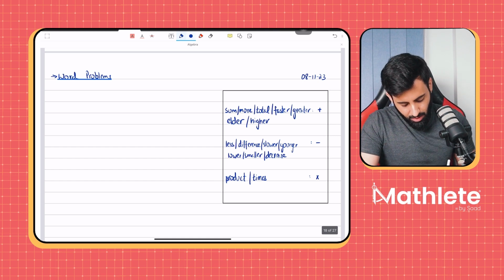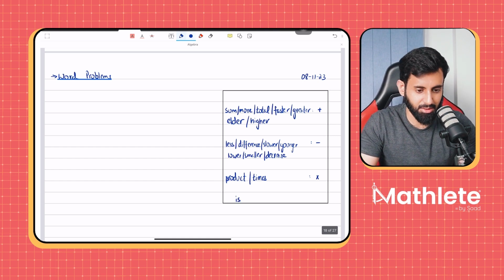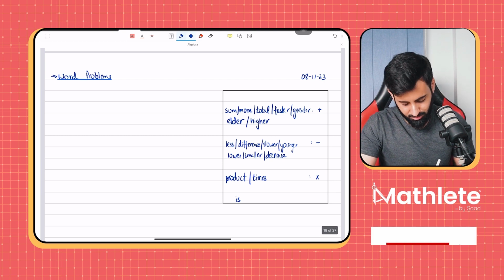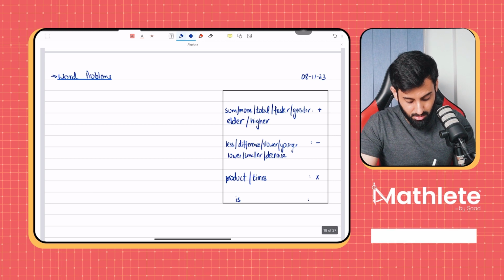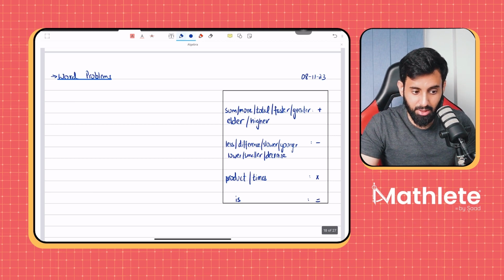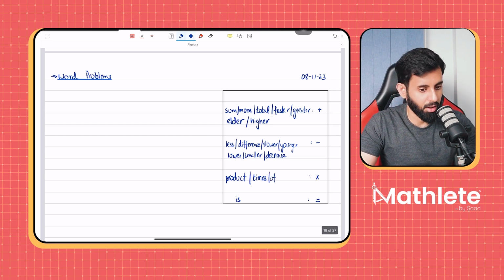Okay, and what about the word is? Just the word is. What do you think this is going to be equal to? Equal to. Okay, the word is will translate into equal to. Yes, or for multiplication, it could be the word of as well.